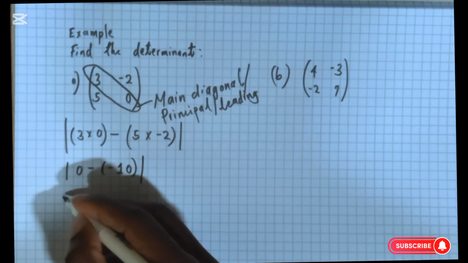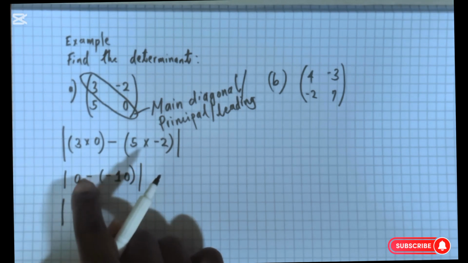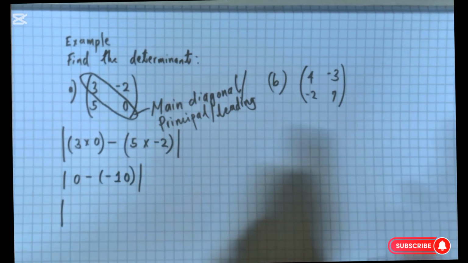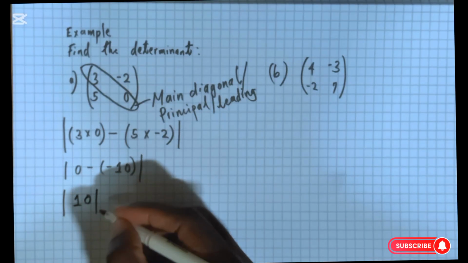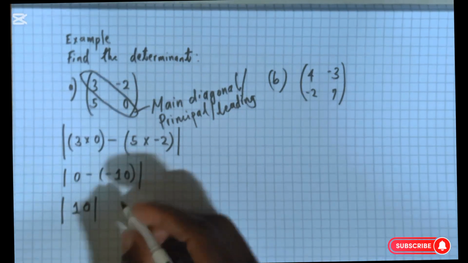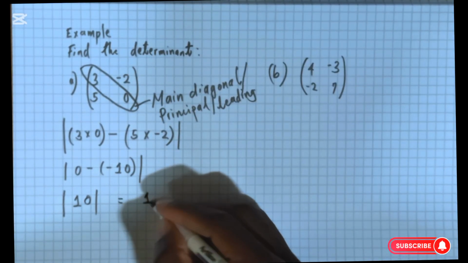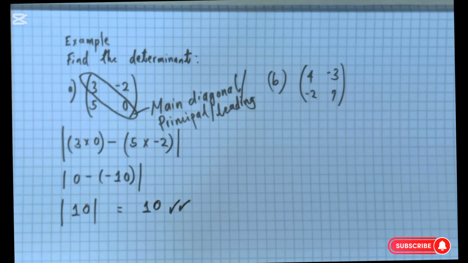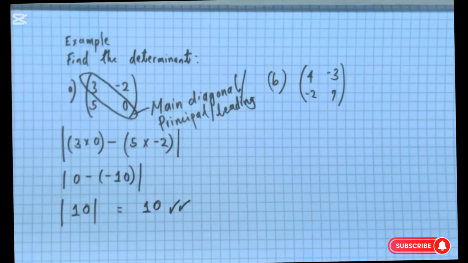This is going to leave us with 0 minus negative 10, which is basically 10. And it has to be the absolute value of that, and therefore our determinant is going to be equal to 10, and so we can leave it at that. So that is going to be our determinant in this particular case.